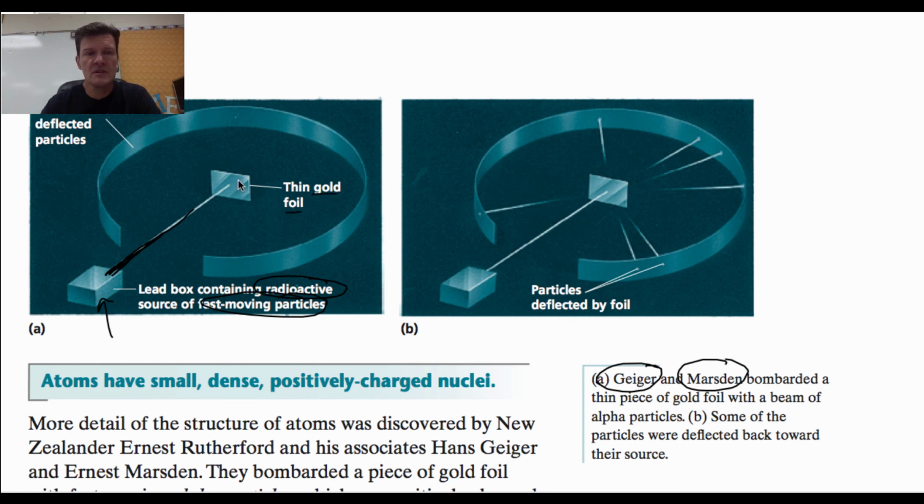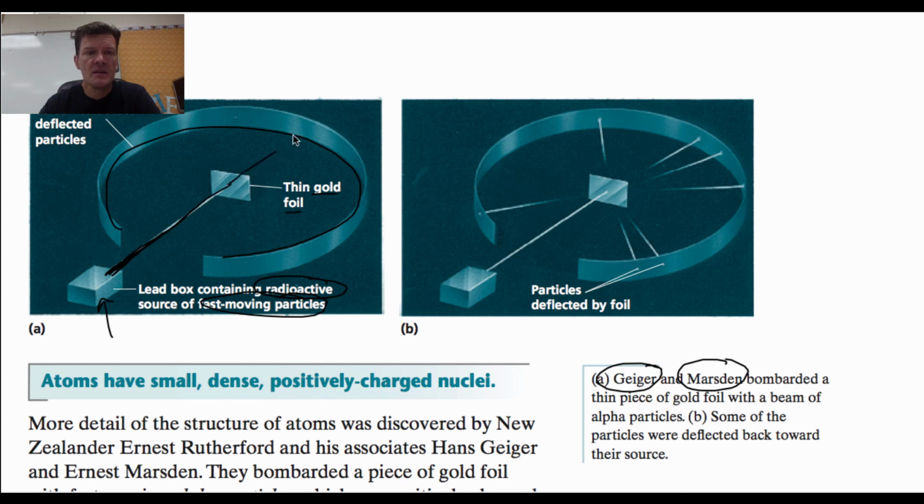Super thin. And around that, they place a screen that is going to detect any of these particles that hit it. Here's what they discovered.